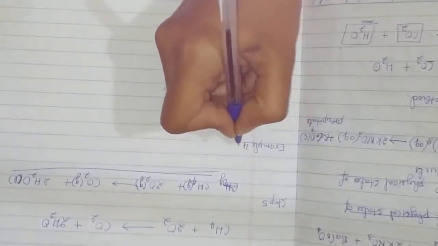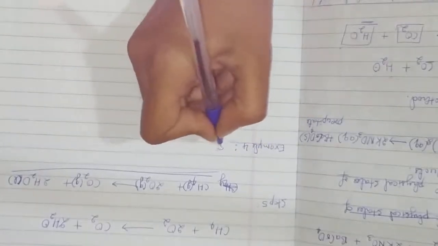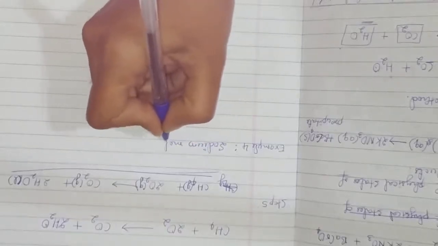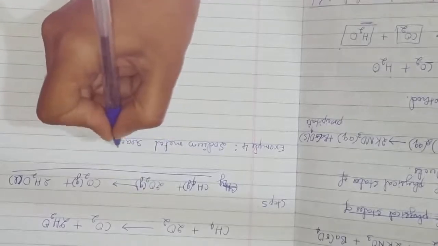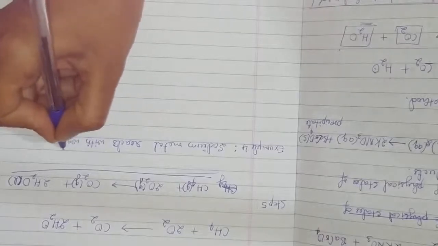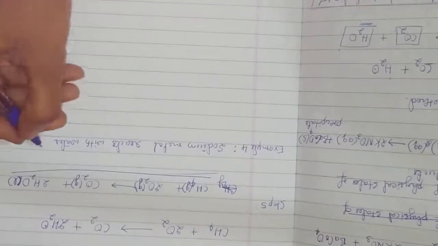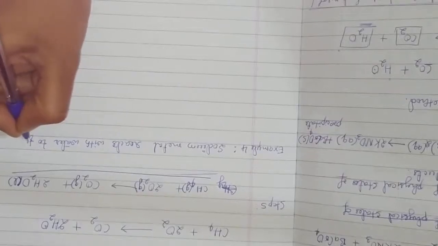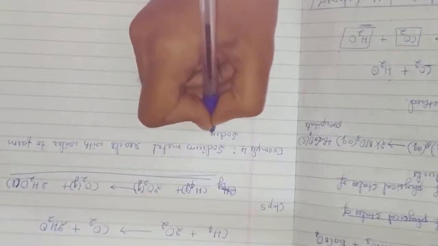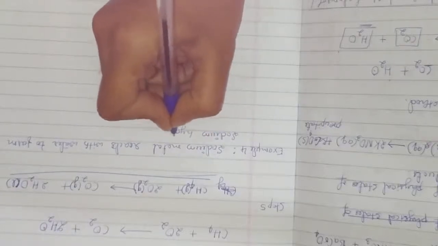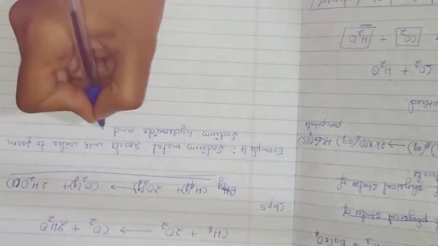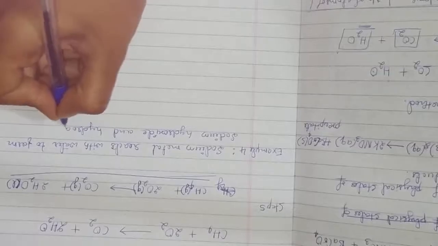Example 4, sodium metal reacts with water to form sodium hydroxide and hydrogen gas.